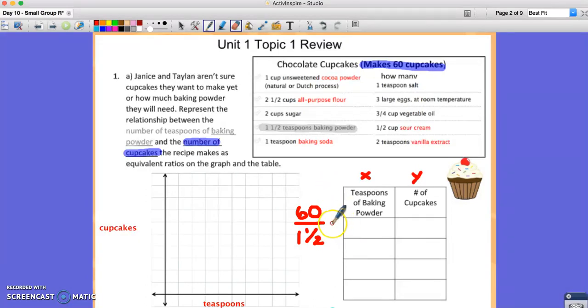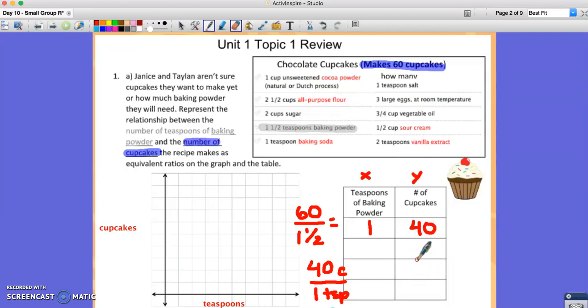So 60 divided by 1.5, or you can turn these into fractions and keep change flip. But I would get 40 cupcakes for 1 teaspoon. And that's really important for later. 40 cupcakes per 1 teaspoon. Now I know 1 teaspoon gives me 40.